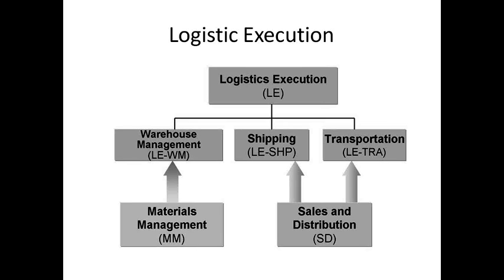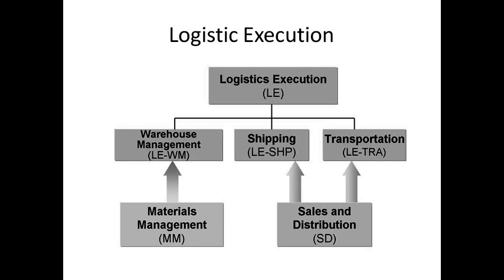Some processes involving inbound deliveries, for example ASNs. You have knowledge of ASN, right? Advanced shipping notification, yes. The confirmation control key and then the inbound delivery VL31N, yes. Exactly. The advanced shipping notification is what we call inbound delivery in SAP.